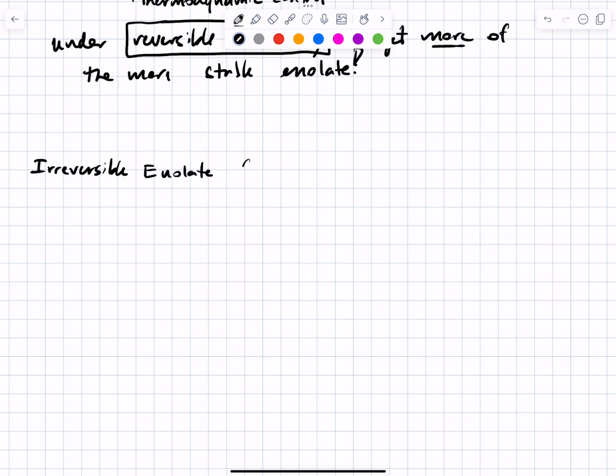And in your text, when you form enolates under irreversible conditions, you're going to get as a product what is called the kinetic enolate, and this is a reaction that's under kinetic control. When a reaction is irreversible, product stability does not matter.